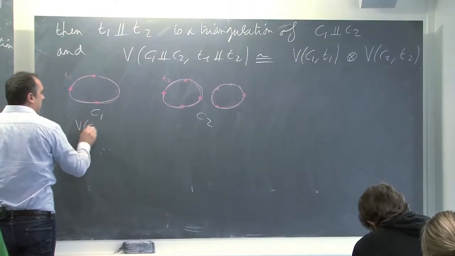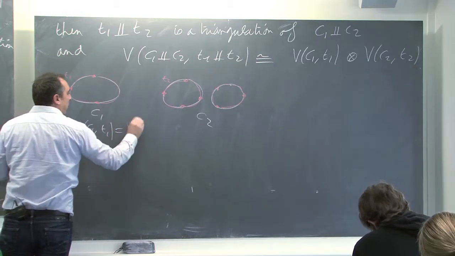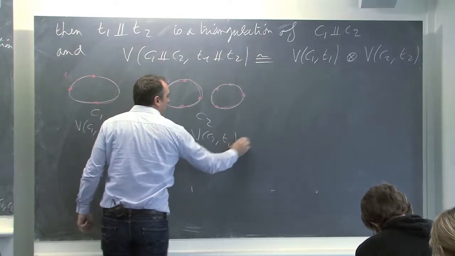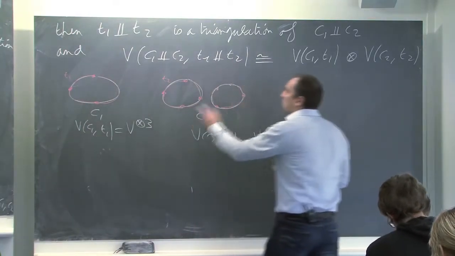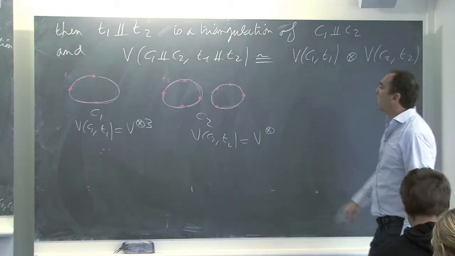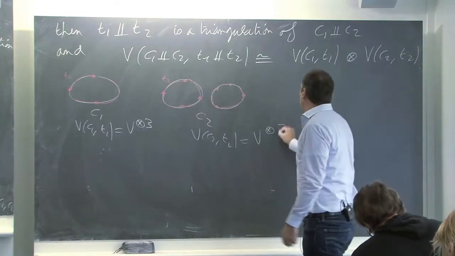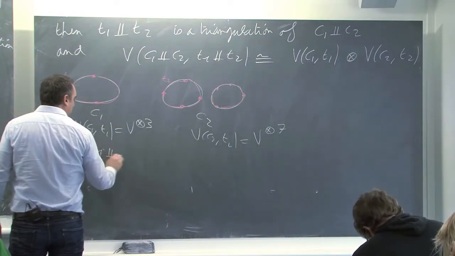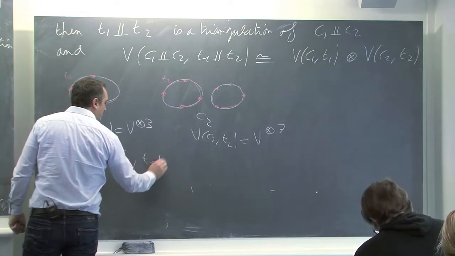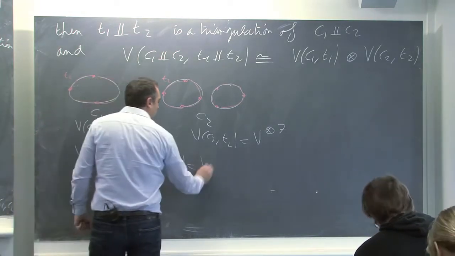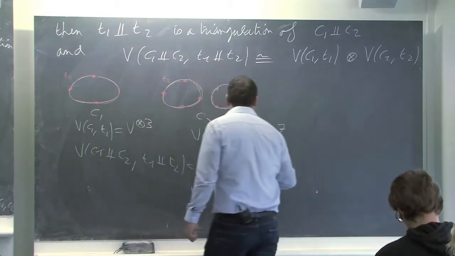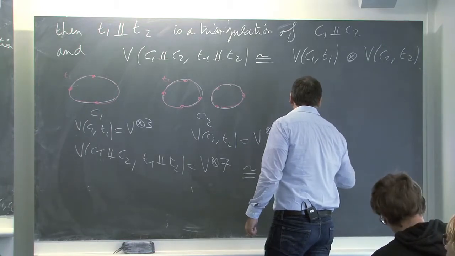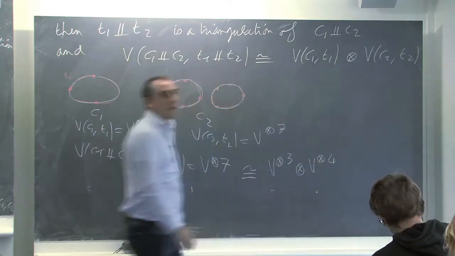And so V(C1, T1) is V^{⊗3}, V(C2, T2) is V^{⊗7}, and V of the disjoint union is V^{⊗7}, and this is, of course, isomorphic to V^{⊗3} ⊗ V^{⊗4}. Okay, this is evident.